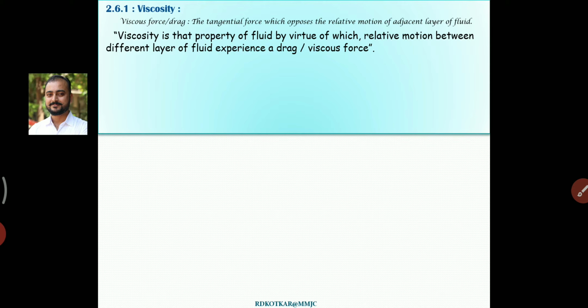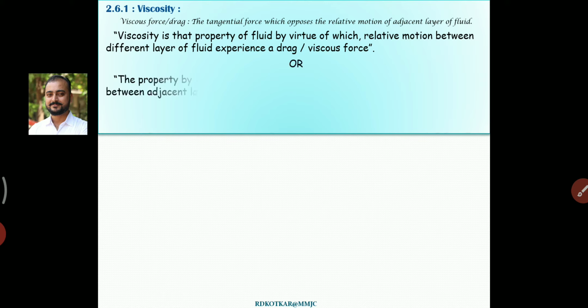So because of this property of the fluid, the layers oppose the relative motion between the layers of the liquid.